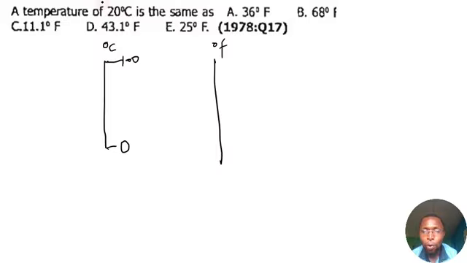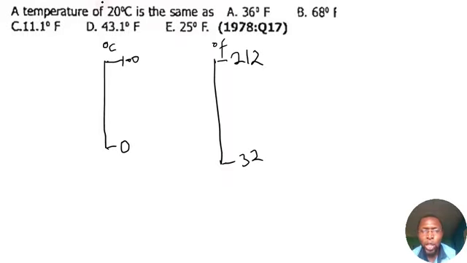For degrees Fahrenheit, the boiling point is 212, while the freezing point is 32. This is very important. So for Fahrenheit, the boiling point is 212 and the freezing point is 32, and that of degrees Celsius is 100 for boiling point and 0 for freezing point.